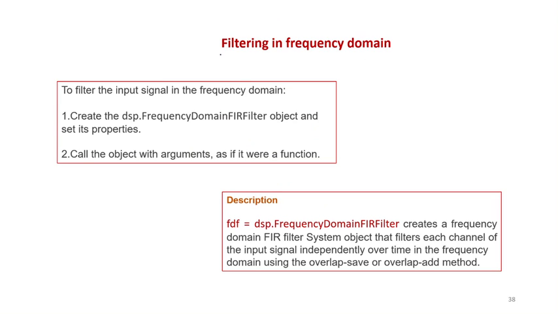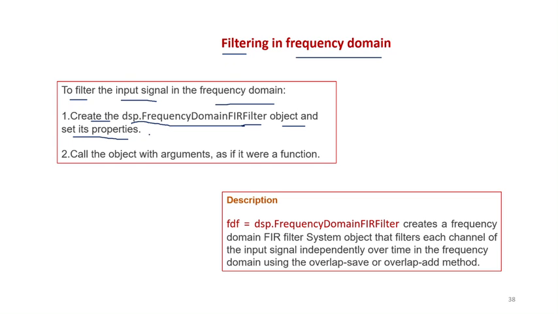Our next image processing program is filtering in the frequency domain. In MATLAB, to filter the input signal in the frequency domain, first we have to create the dsp.FrequencyDomainFIRFilter object and set its properties.